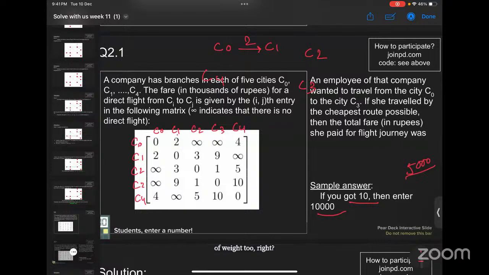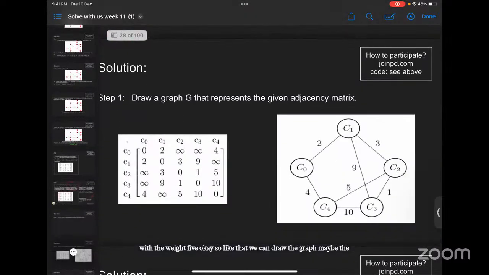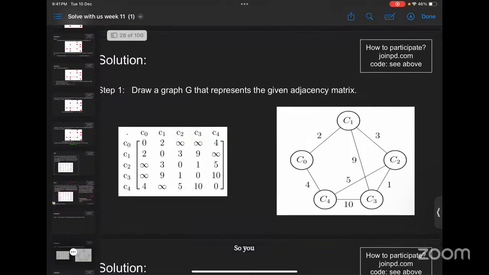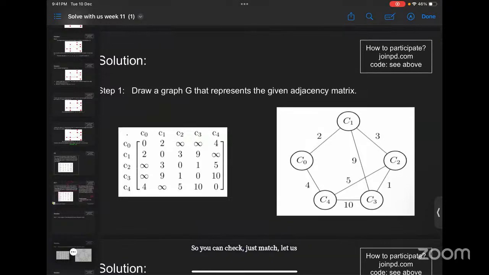C0 to C2, we have no direct edge because of infinity, which indicates there is no direct line. Again C0 to C3 is infinity, so no direct edge. C0 to C4, there is a direct edge with weight 5. Like that we can draw the graph. The graph is here, so let us match the matrix with the graph.